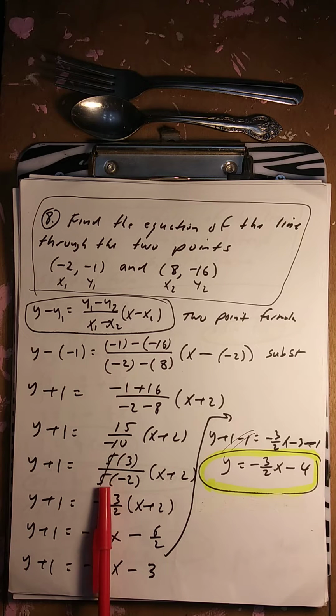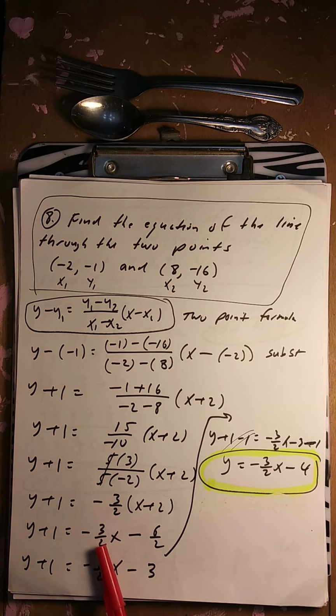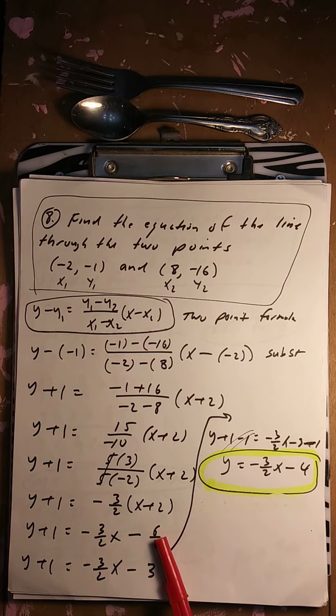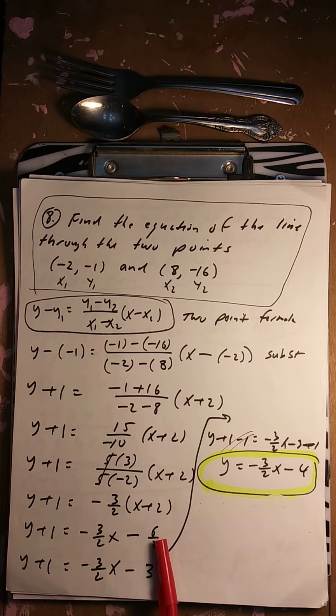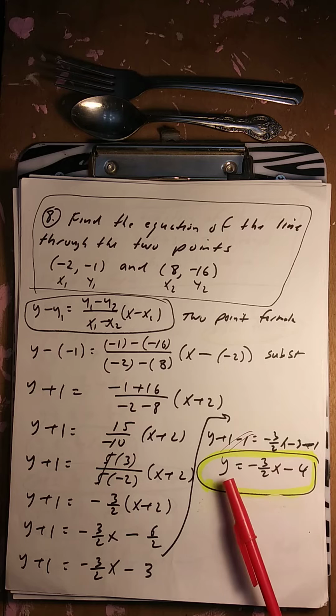Cancel out the 5s. So we have negative 3 over 2 times (x plus 2). That times that is negative 3 over 2 x. That times that is going to be 6 over 2. This reduces to 3, or simplifies. So now we can go minus 1 minus 1. So y equals negative 3/2 x minus 4.